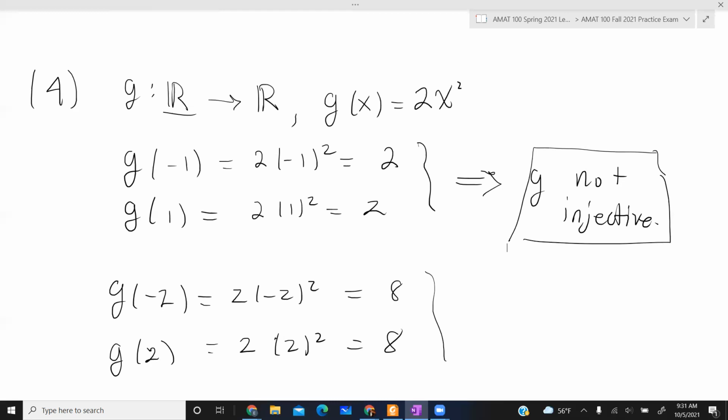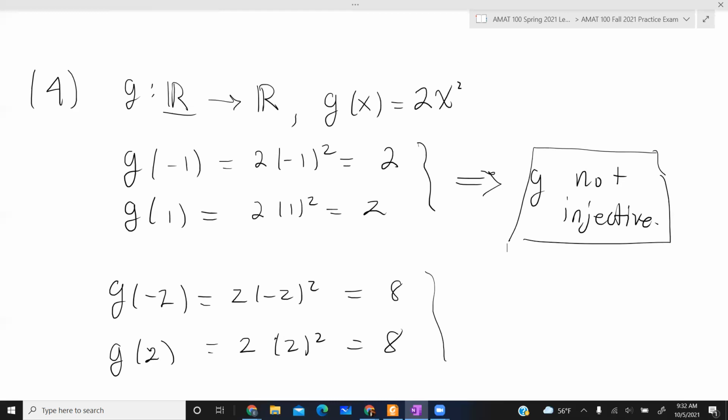For the last one, be on alert for this: know your basic graphs of x squared and x cubed, and whether those are injective or not injective. For example, x squared as a function from the real numbers to the real numbers is not injective, as we just saw.